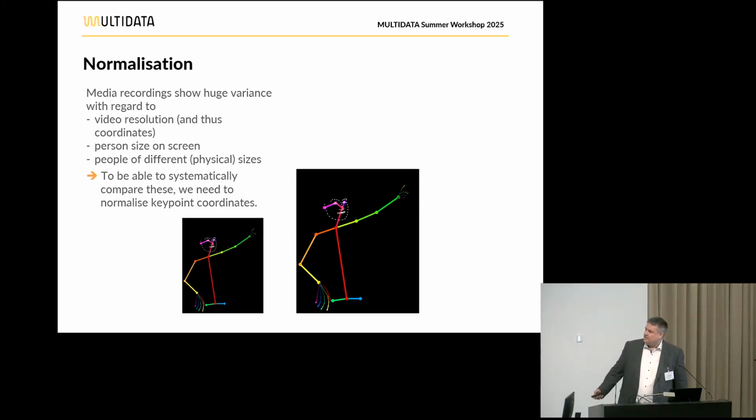In the data that we're using here in this demo in the first part, we're standardizing on the distance from the neck key point, on the chest here, and the left shoulder. So that is number 1, and that is 0, that is 1. And then the distance here, that is our unit. So all distances we're going to measure in these units, because then we can compare it.